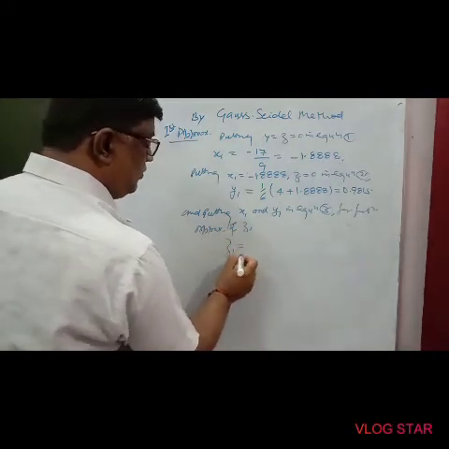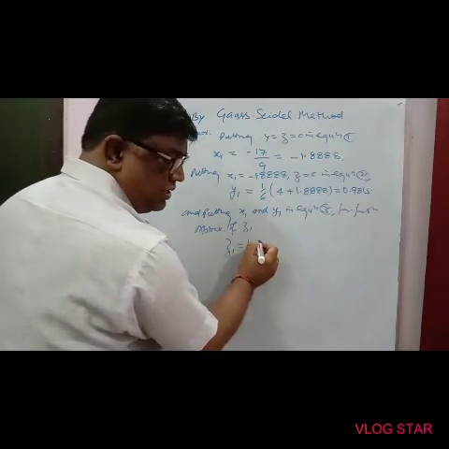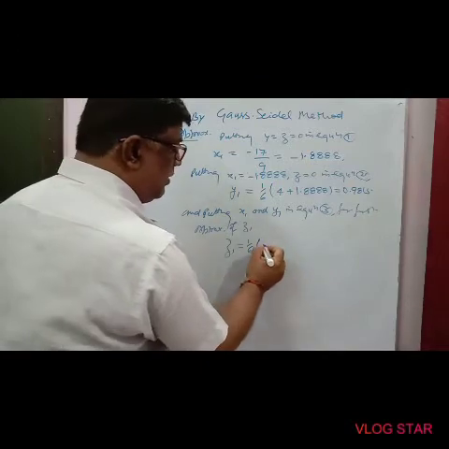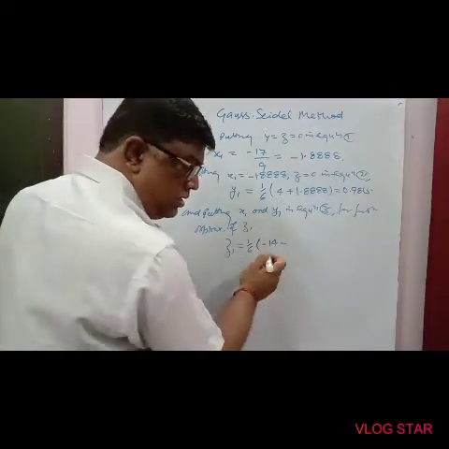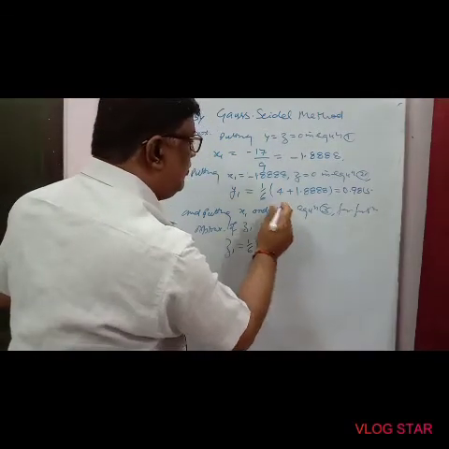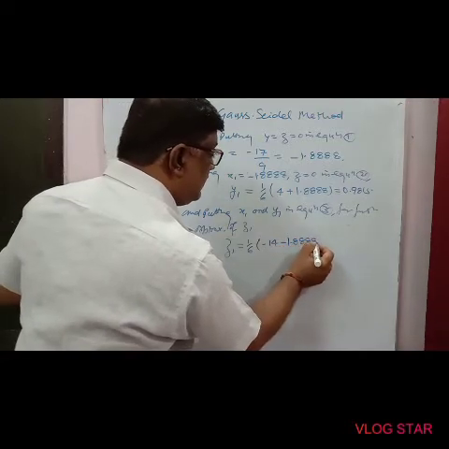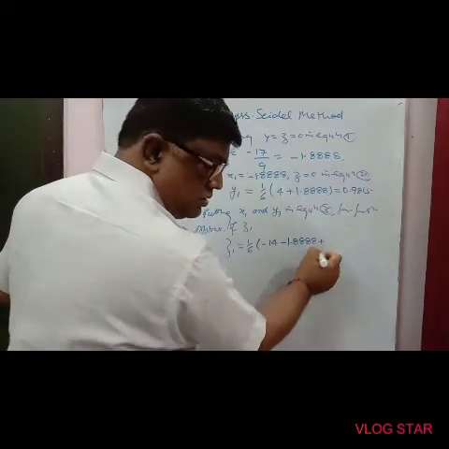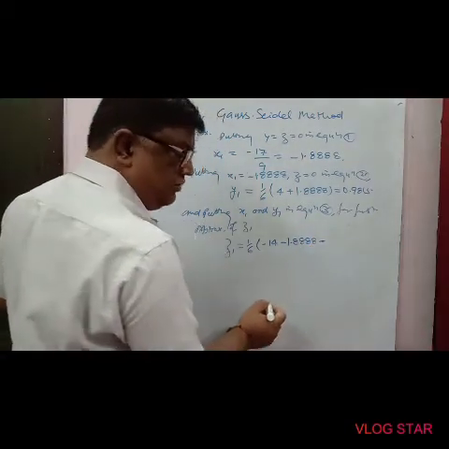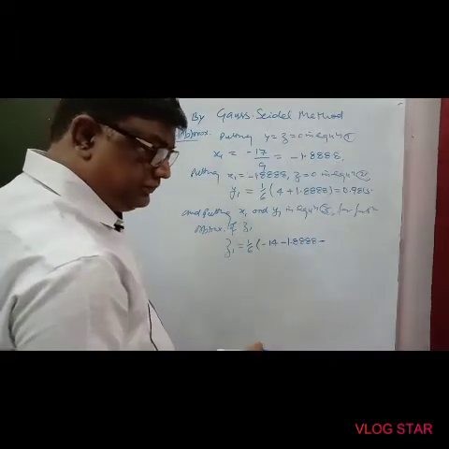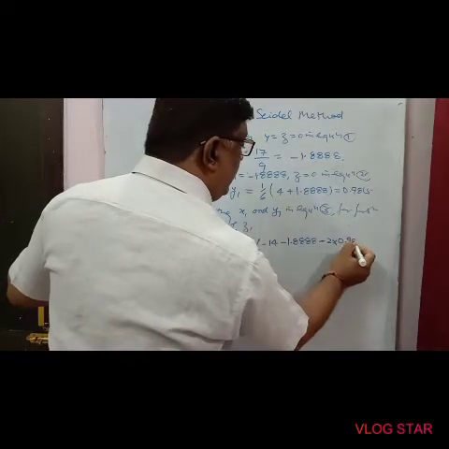Then z1 equal to 1 upon 6 of minus 14 plus the value of x1, which is minus 1.8888, and minus the value of y1, so 2 into 0.9815.